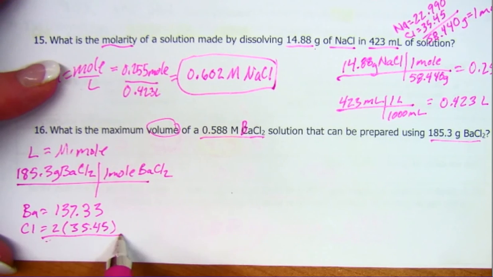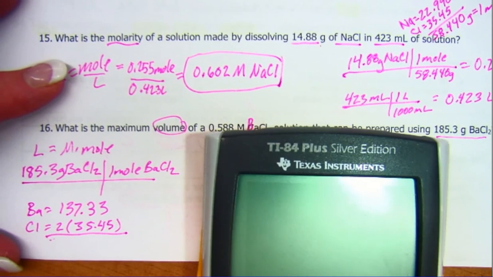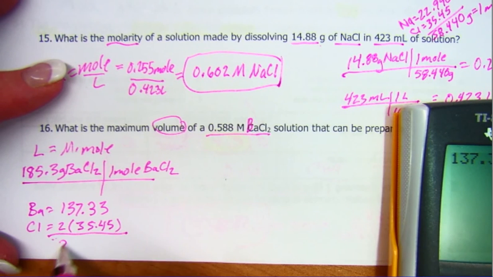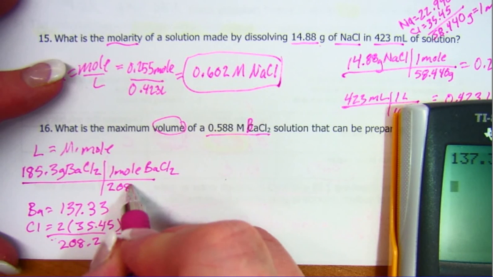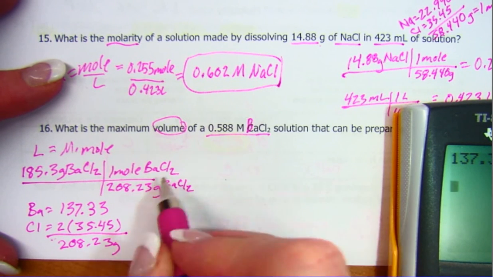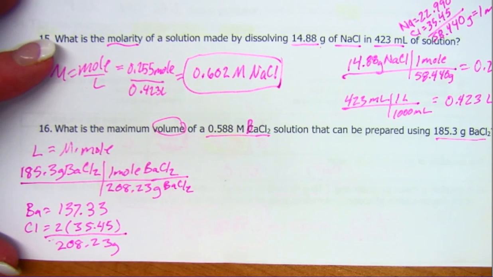Okay? So I'm going to add it up, 137.33 plus 2 times 35.45, and I got 208.23 grams barium chloride.